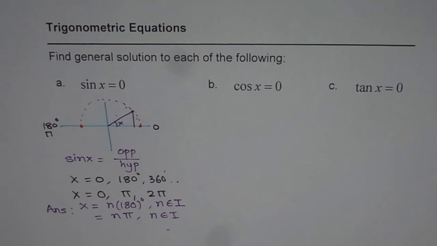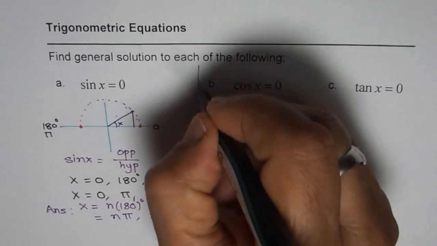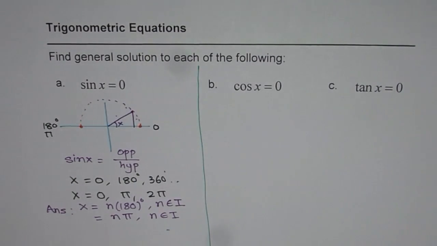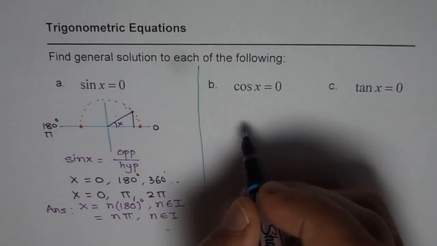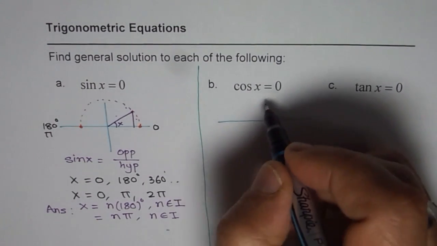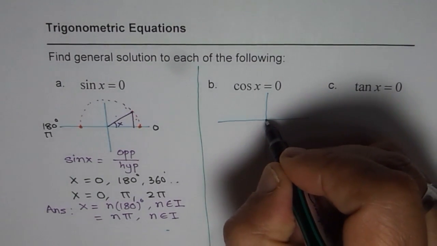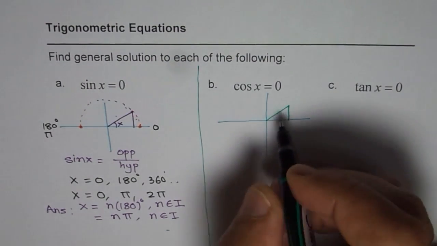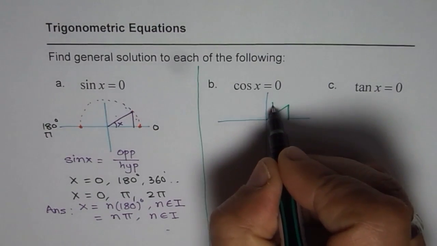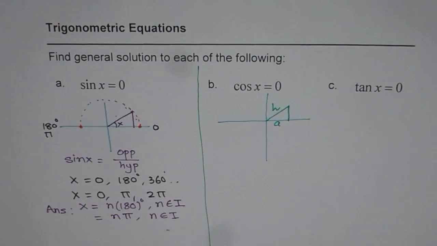Now let's follow the similar logic and find when is cos x equals to 0. Now cos x, as you know, is adjacent over hypotenuse. So if I sketch a right triangle, then cos x will be 0. This is adjacent over hypotenuse. That is cos x, right?